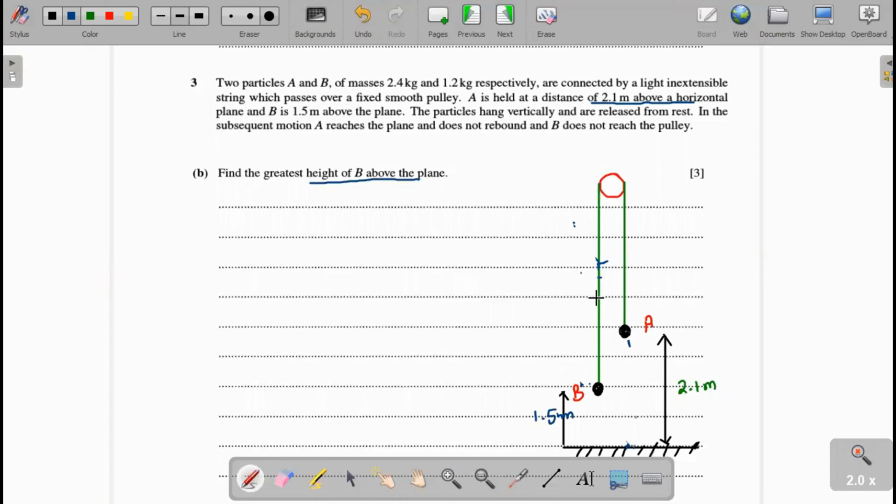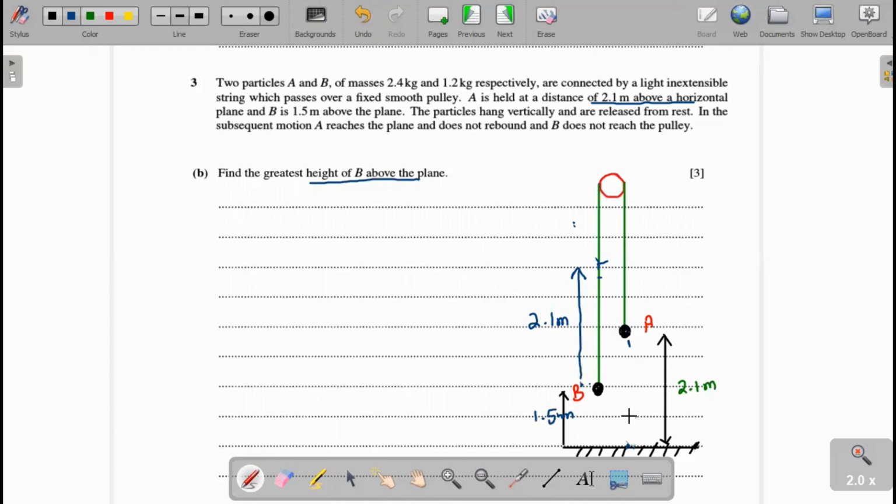The distance covered in the upward direction is the same as the distance when particle A moves downward. When A moves downward, the particle B moves upward, and the distance it covers upward is 2.1 meters.